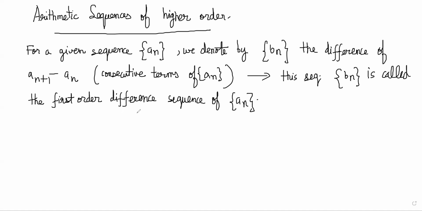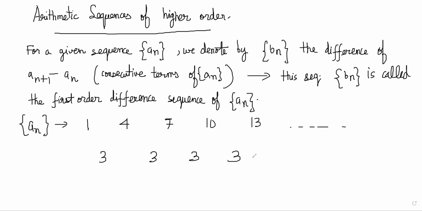So what do we mean by this? Let's say we have a sequence like this: 1, 4, 7, 10, 13, and so on. Let's say this is my An, right? The difference between successive terms is 3, 3, 3, 3, and so on. This is the difference between 4 and 1, this is the difference between 7 and 4, 10 and 7, and so on. So this sequence is called Bn, and Bn is the first order difference sequence of An.